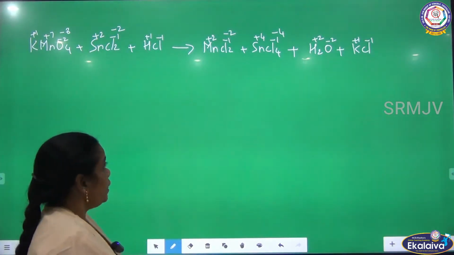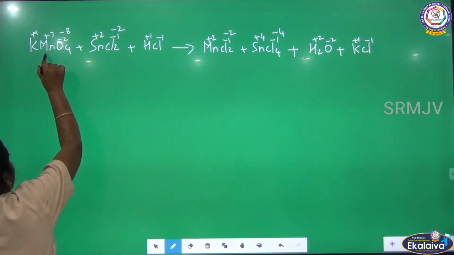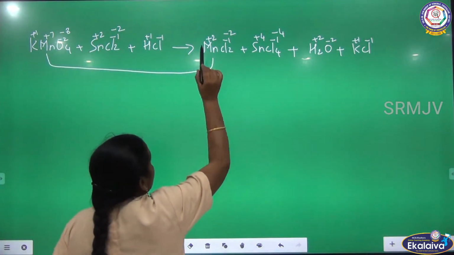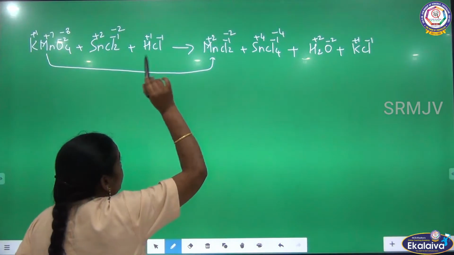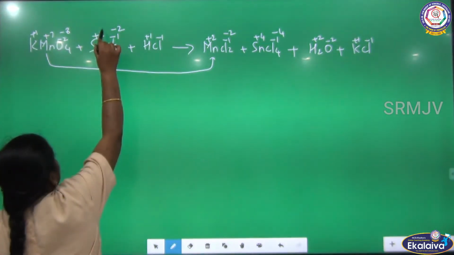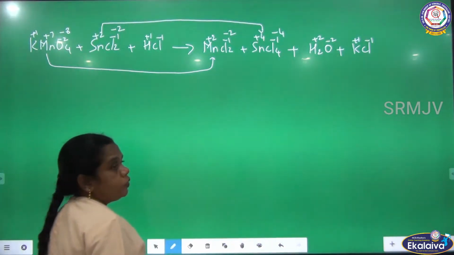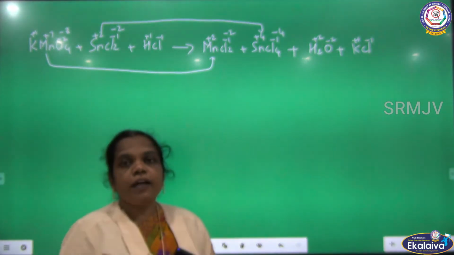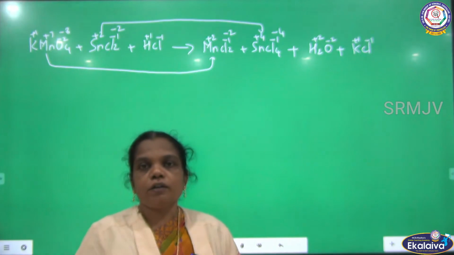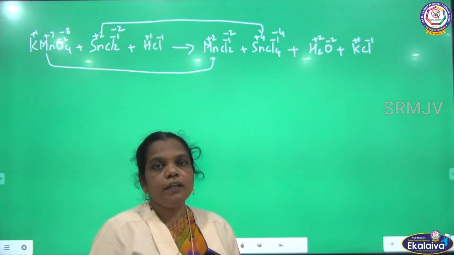Only there is a change in manganese, from +7 to +2, and strontium from +2 to +4. So now you have to find out where the oxidation number is decreasing and where it is increasing.